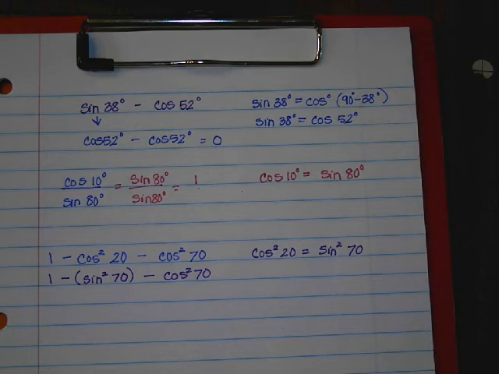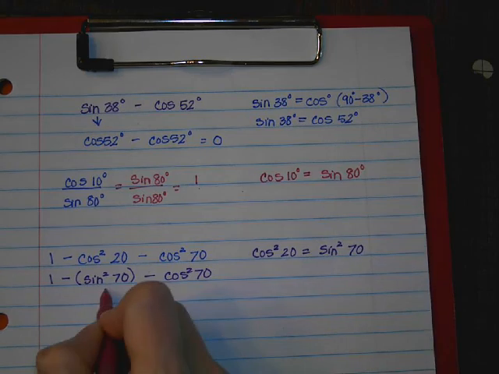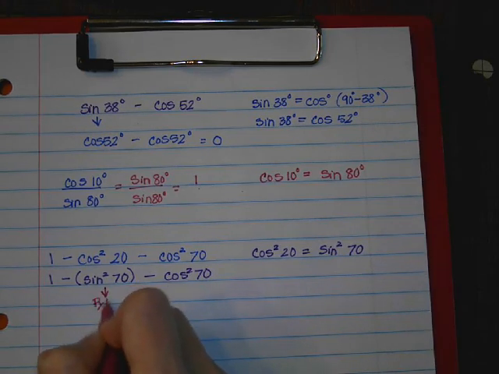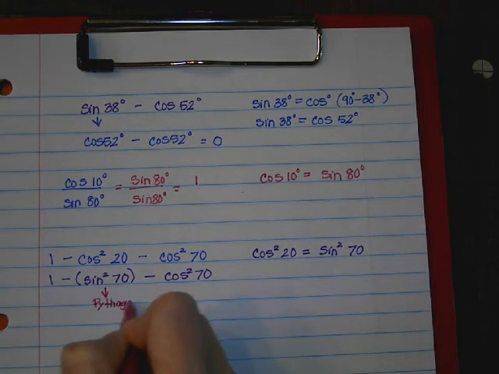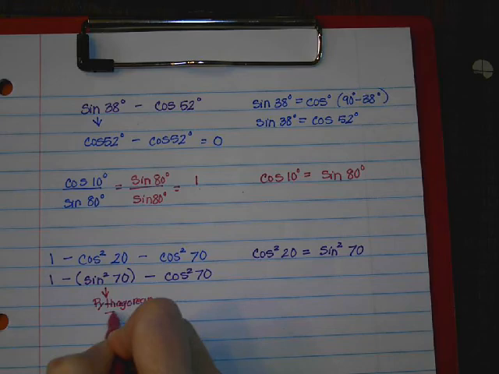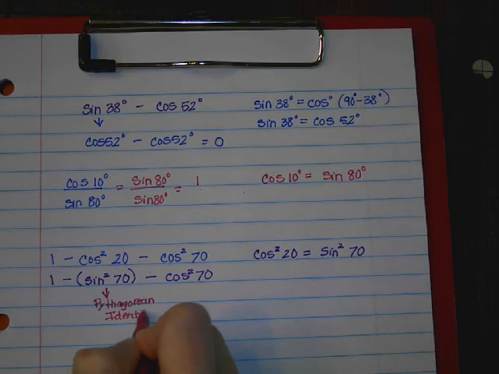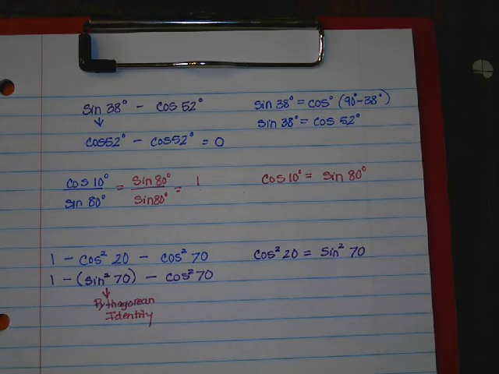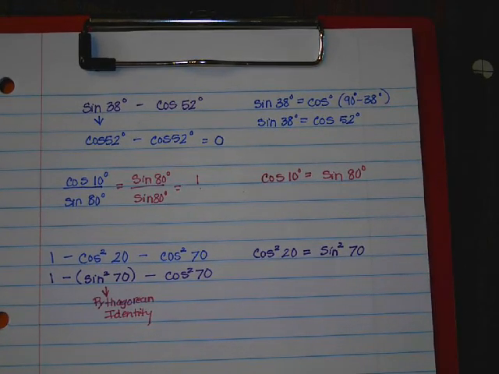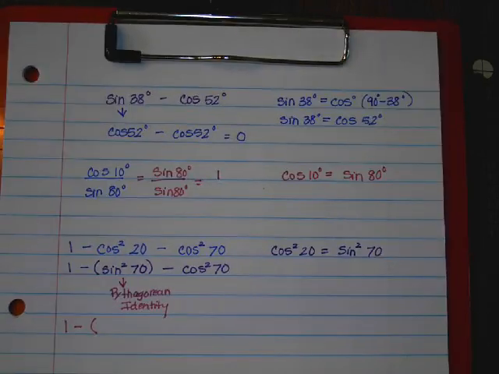All right, let's take it one step further. This is a Pythagorean identity. It's part of one. So if we use a Pythagorean identity, we can do another substitution. On our Pythagorean identities, let me bring this up.